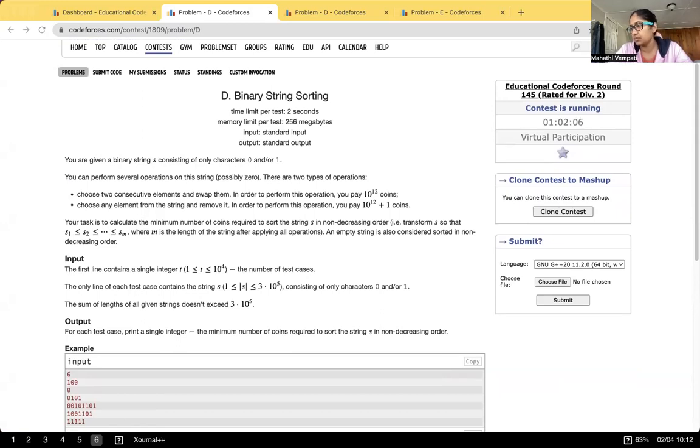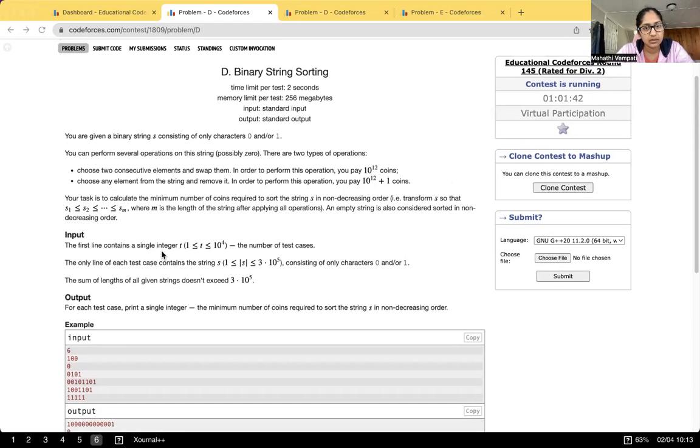The next problem, just read it and try it. Binary string sorted.